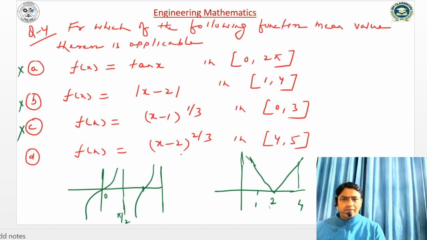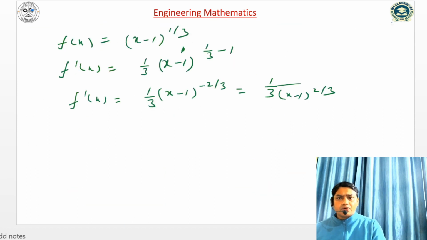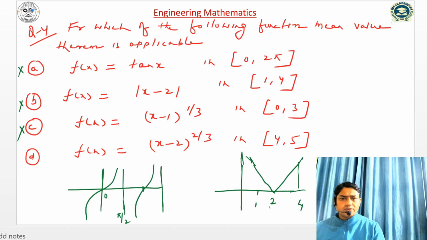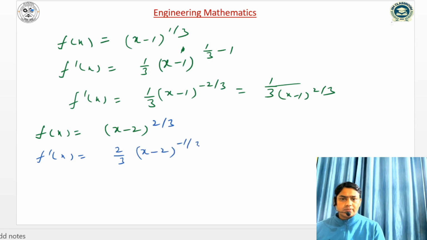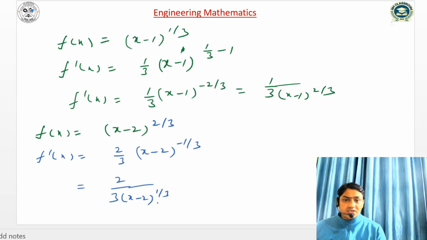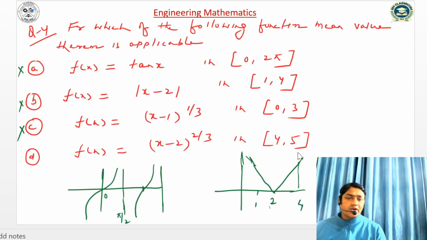If I check f x is equal to x minus 2 to the power 2 by 3, f dash x, if I compute, will be 2 by 3 x minus 2 to the power minus 1 by 3. So it will be 2 by 3 x minus 2 to the power 1 by 3 in the denominator. It does not exist at x is equal to 2, but the interval we can check is 4 to 5.